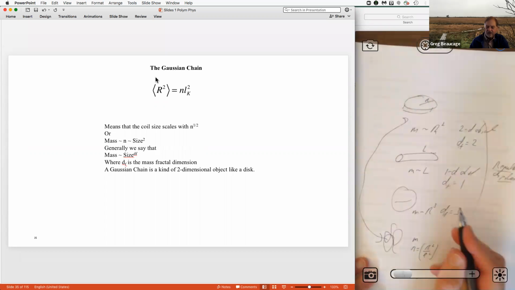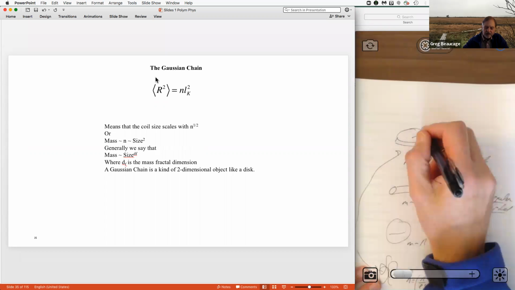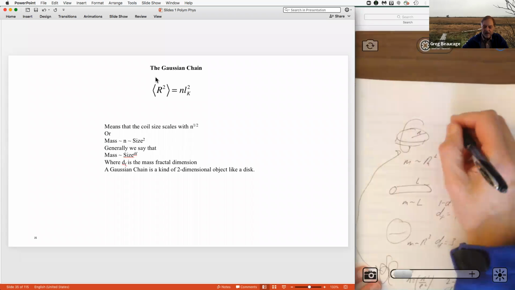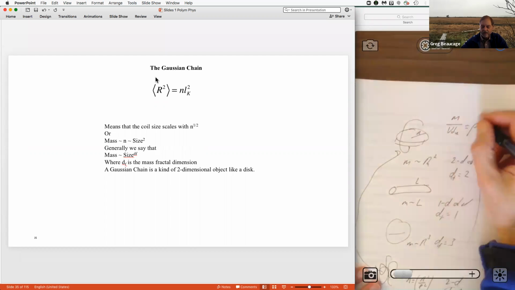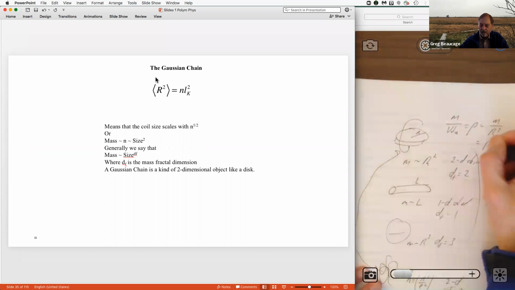So what is this df actually telling you, the dimension of the object? Say you look at this object and randomly spin it around in space. Then you have the mass, and the volume gives you the density. The volume is going to be the size cubed, and the mass, we said, is going to be the size to the df, so the density is going to be r to the df minus 3.